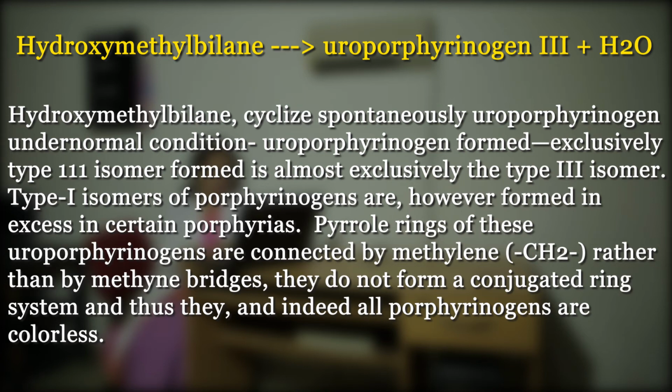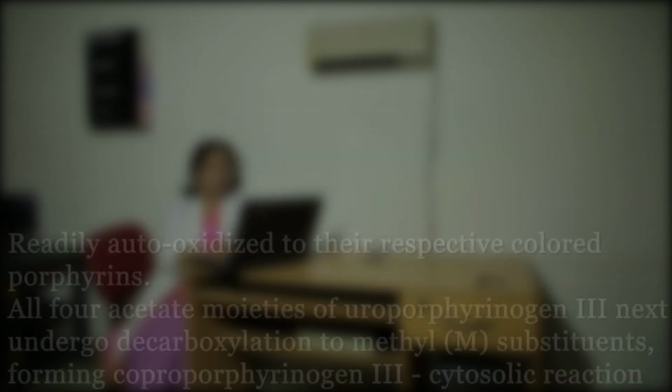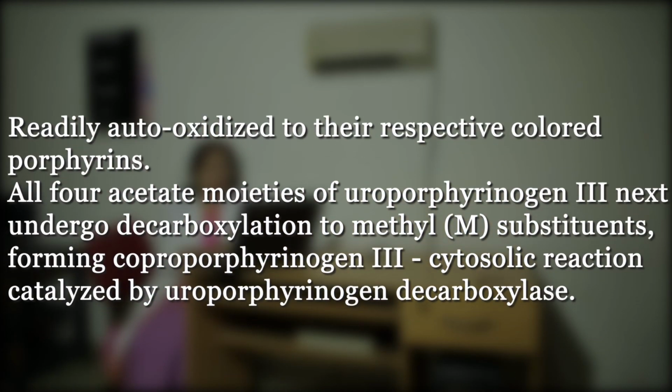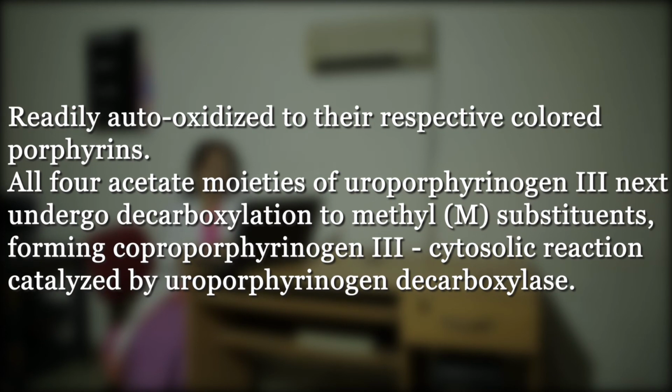The pyrrole rings of these uroporphyrinogens are connected by methylene rather than methene bridges. They do not form a conjugated ring system, and thus, indeed all porphyrinogens are colorless. They are however readily auto-oxidized to their respective colored porphyrins.